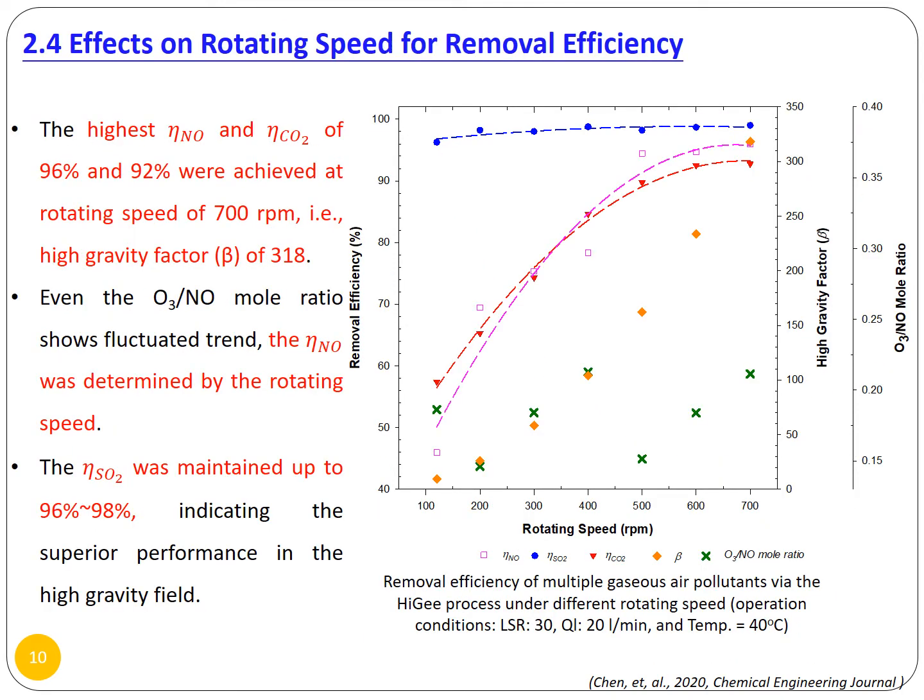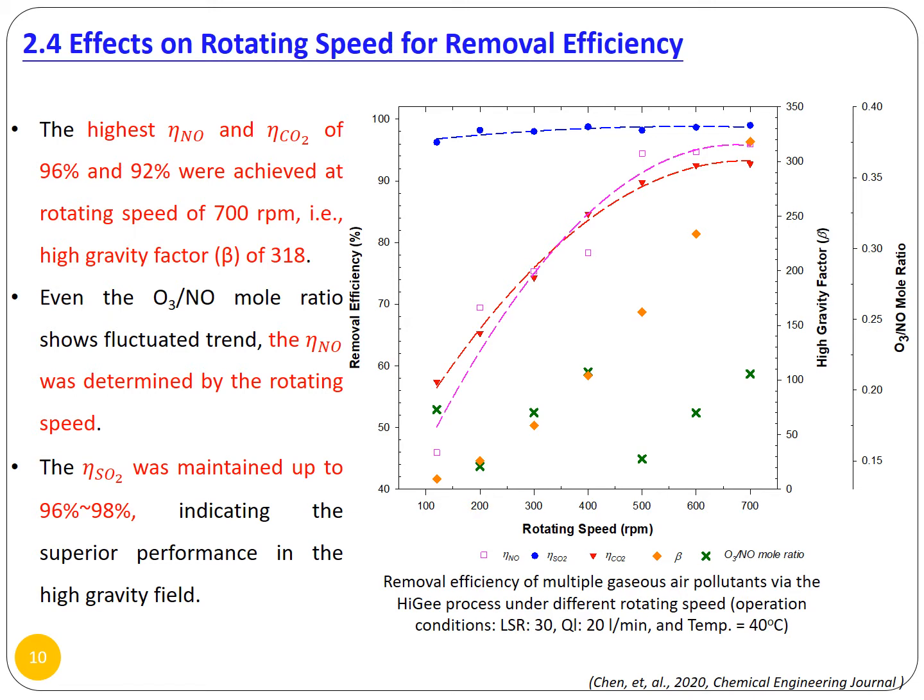Third one, effects of rotating speed on the removal ratio. The highest removal ratios of NO and CO2 are 96% and 92% at a rotating speed of 700 rpm, which is a high gravity factor of about 380. Even though the ozone over NO molar ratio shows a fluctuating trend, the removal ratio was determined by the rotating speed.